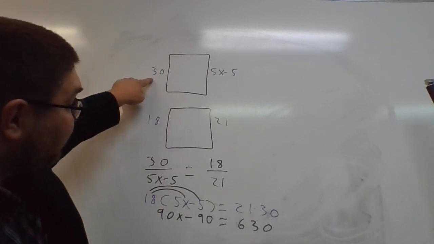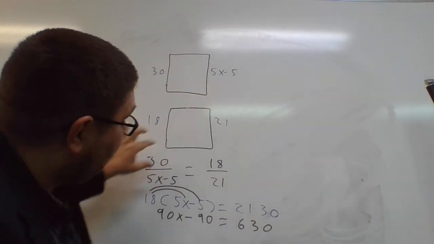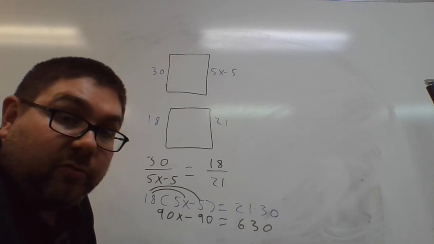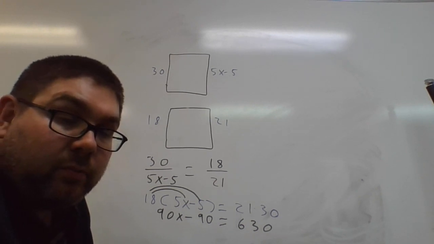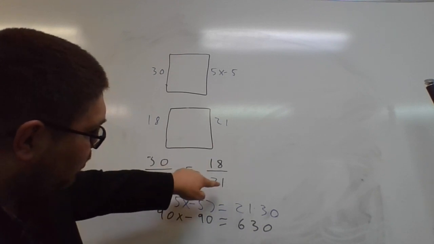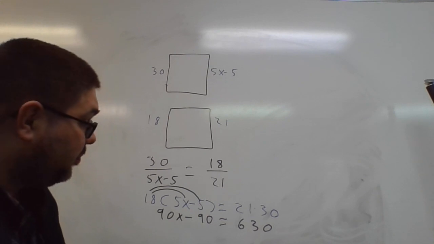So first thing we did, again, we set up proportionate fractions. We then cross multiply those fractions. And now we've simplified.